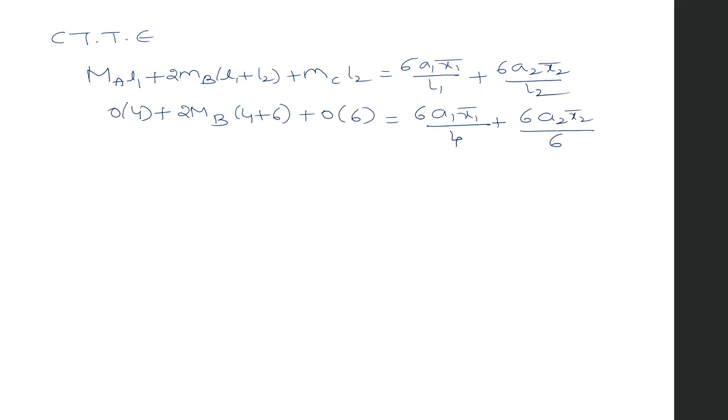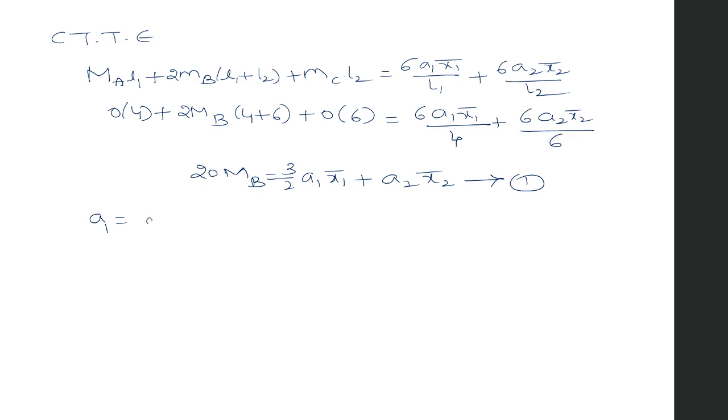From this equation, you can write that 20 MB equals 3 by 2 A1 x1 bar plus A2 x2 bar. This is equation number 1. Here A1 x1 bar and A2 x2 bar: A1 is the area of the bending moment diagram due to external load on AB.